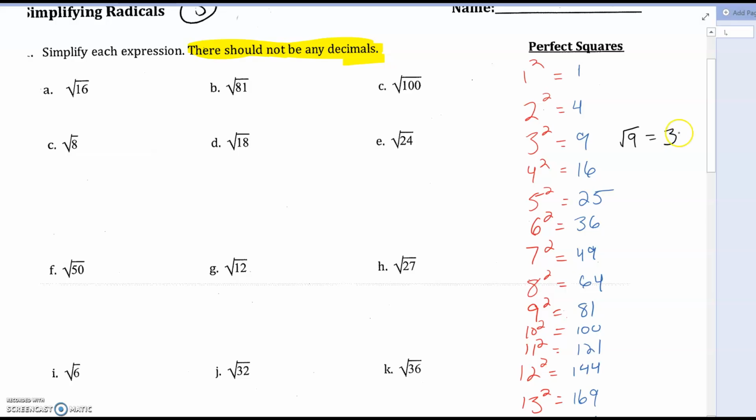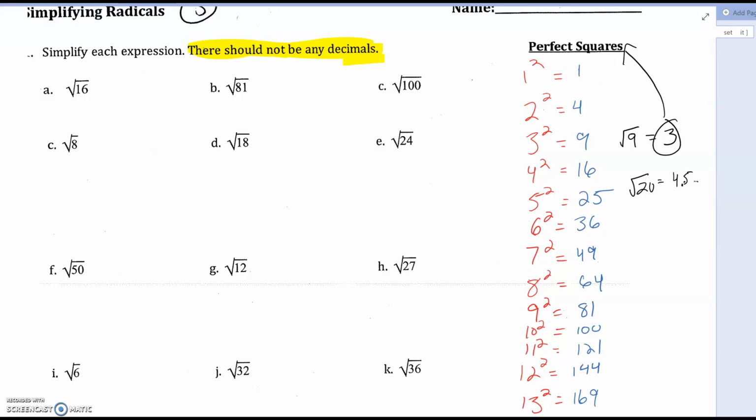But if I took the square root of a number between 16 and 25, like 20, that's going to be like 4.5 something. So 20 is not a perfect square because it does not come out to a whole number. All of these blue numbers, though, are perfect squares because we can take the square root of them and get a whole number.